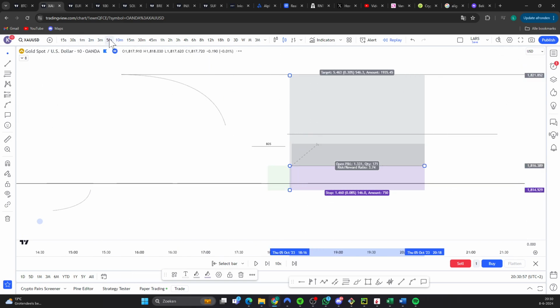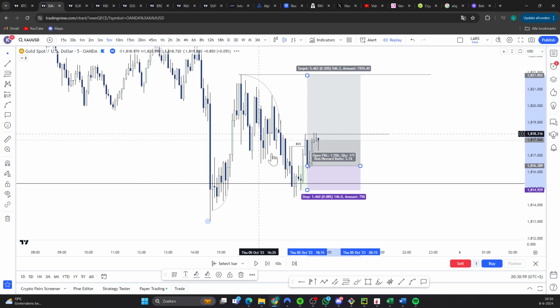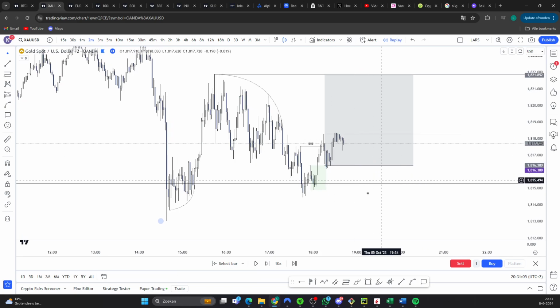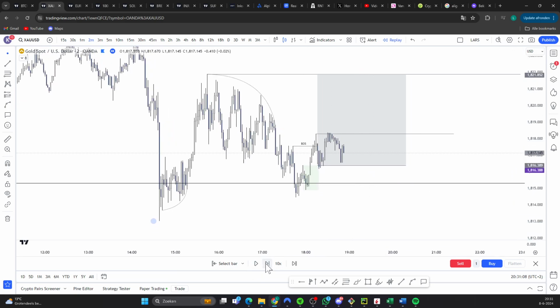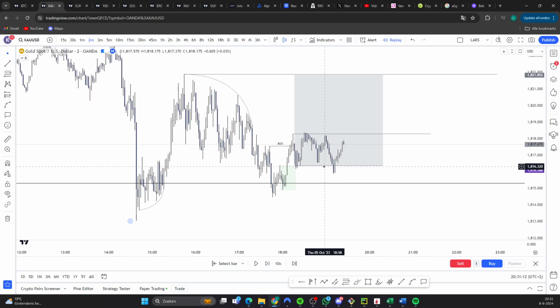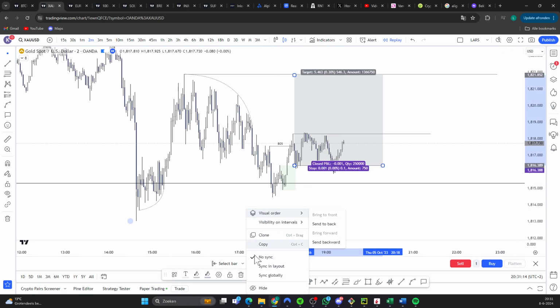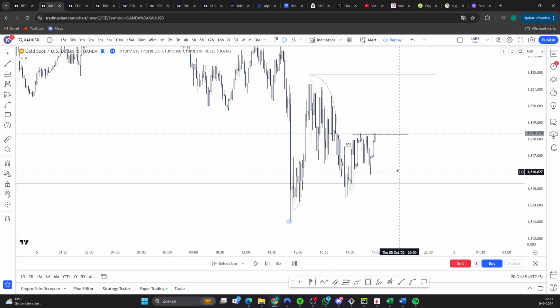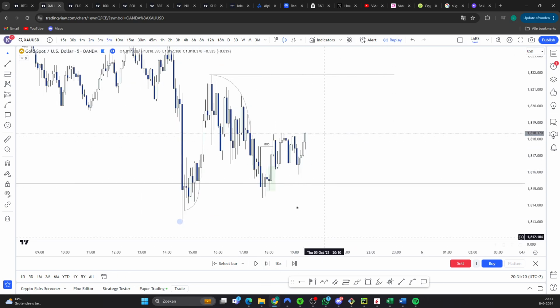There's no reason to come lower because we tapped the only demand. There's a 5 minute one, but I would not want to risk that. Okay. And there you go. You would have been stopped out. Yeah, I would not want to risk that. But it could be an SFP.